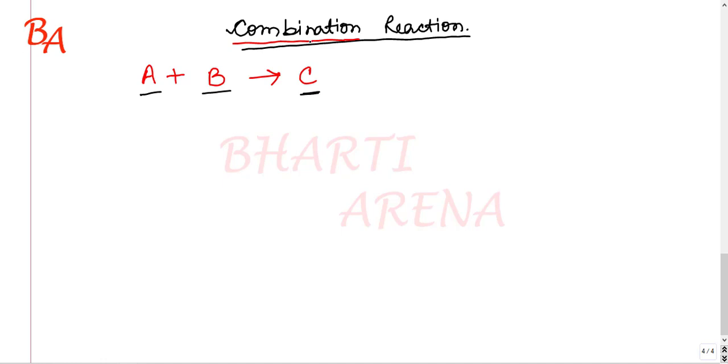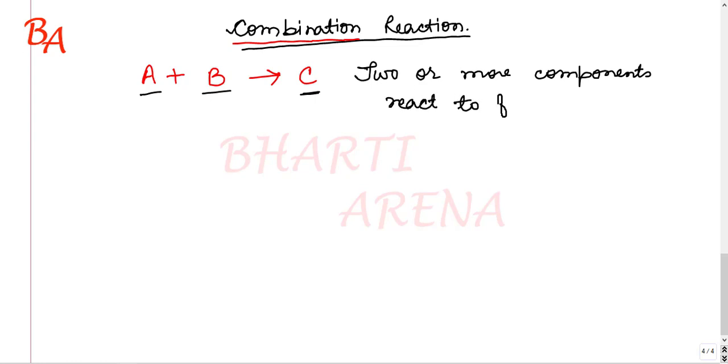So in a combination reaction, two or more components react to form a single compound. Such reactions in which two or more components react to form a single compound are called combination reactions.